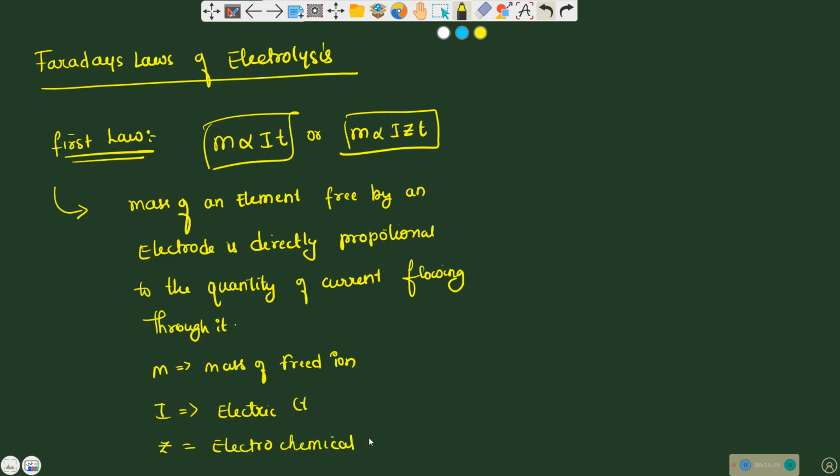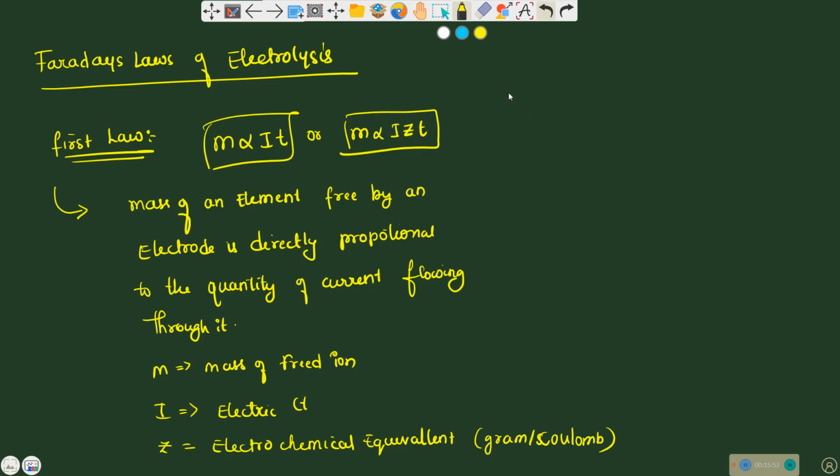Remember this, electrochemical equivalent. So it is in grams per coulomb. So you understood the first law.